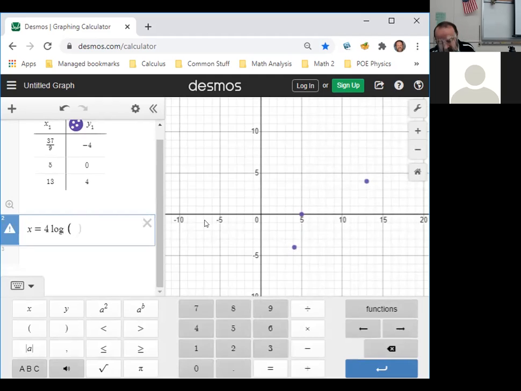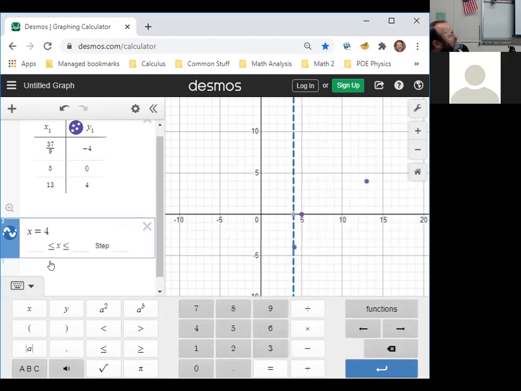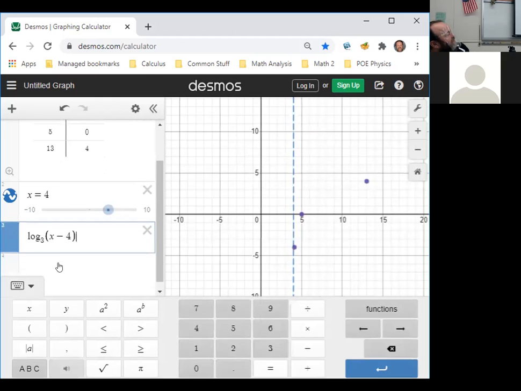We had log base 3 of x minus 4. I accidentally typed over the top of something that I already had, didn't I? Let's cut it and put it down here below. That's better. And then there was supposed to be a 2 in front, wasn't there?